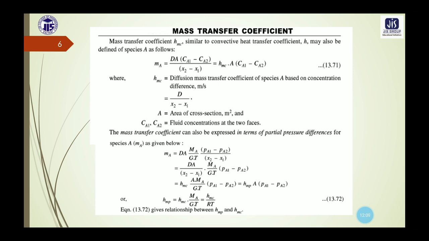Now earlier, while discussing Fick's law of diffusion, we got one terminology, the diffusion coefficient. Now let us discuss what the mass transfer coefficient is. This mass transfer coefficient, hmc, is similar to the convective heat transfer coefficient h, which we discussed in the convection part.